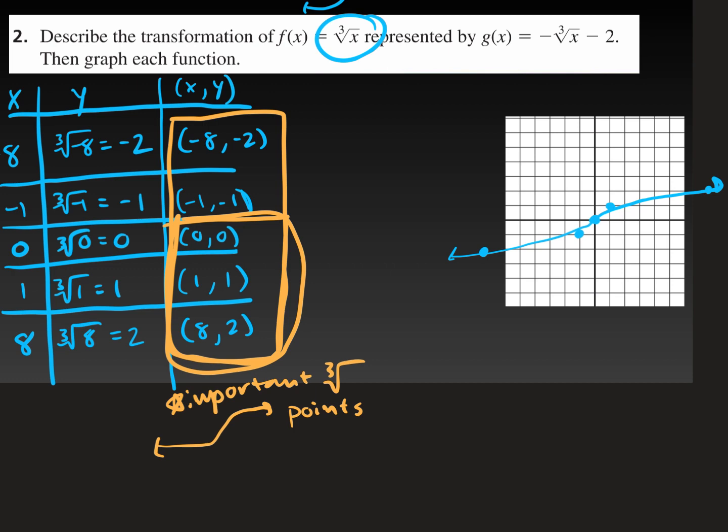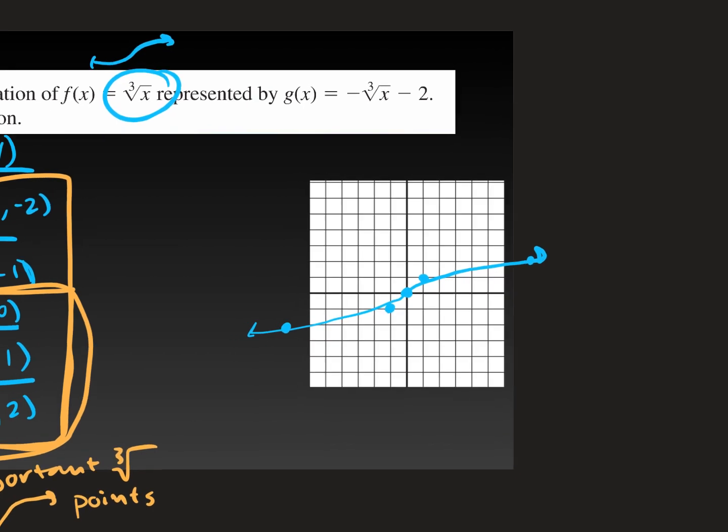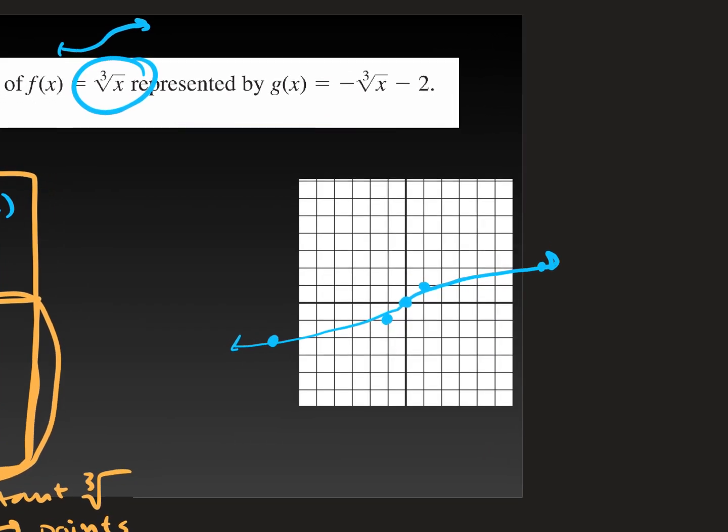So let's look at our transformations now. When we have more than one transformation, we always want to start on the inside and work out. So we start with what's happening directly to the x. Which transformation here do you want to apply first? The reflection on the x-axis, perfect.